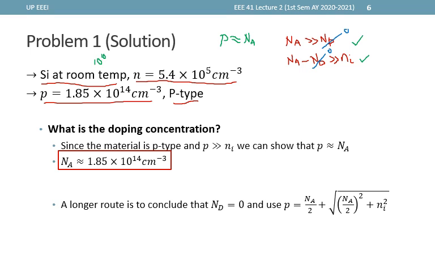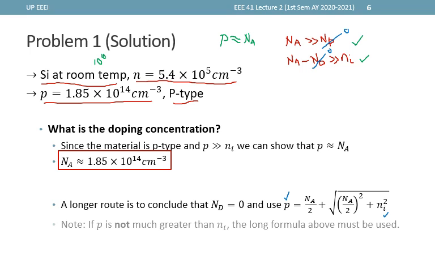With this formula, p is already known and Ni is already known, and therefore one must be able to solve for Na. Note, however, that if p is not much greater than Ni, then we cannot use the approximation that p is approximately Na, and therefore this long formula must be used.